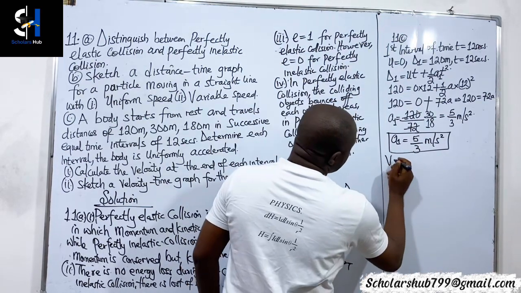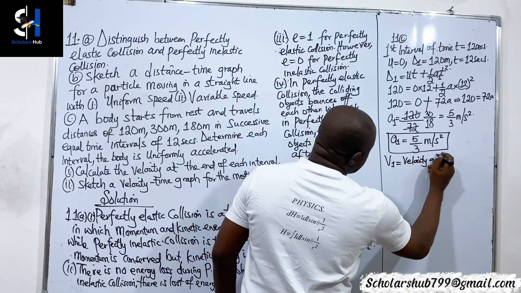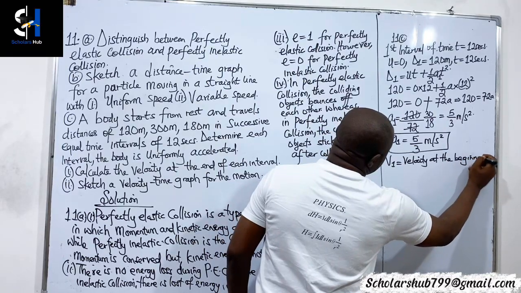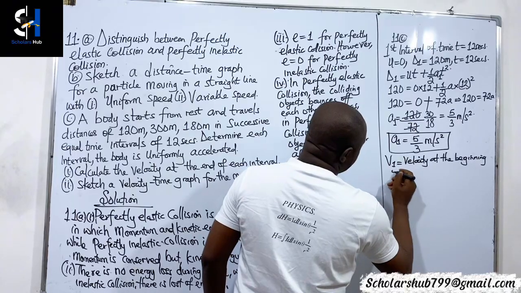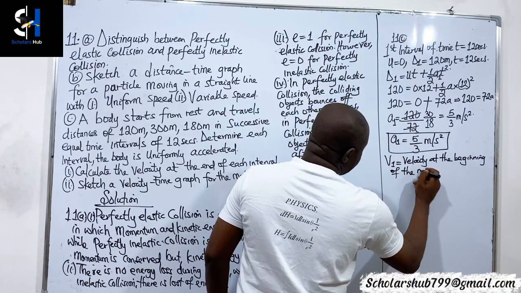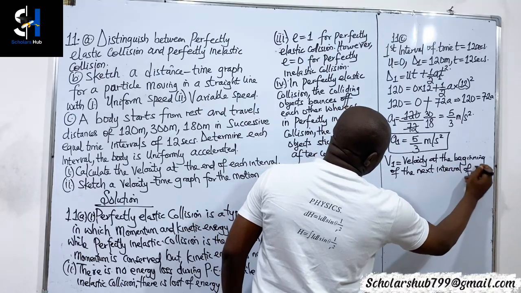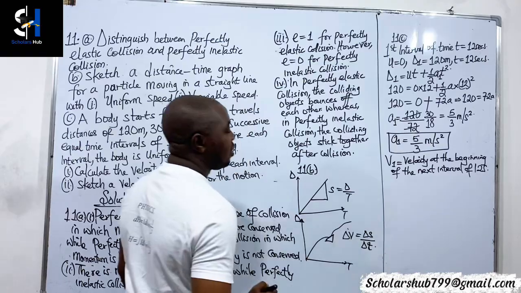So now let's calculate velocity v1, which is the velocity at the beginning, the initial velocity, of the next interval of 12 seconds.